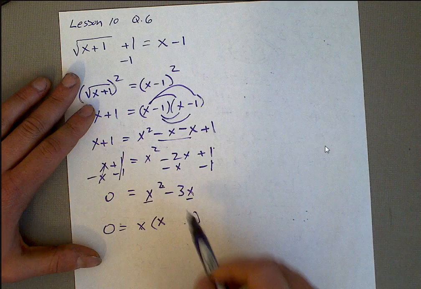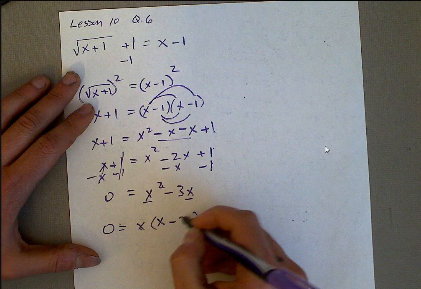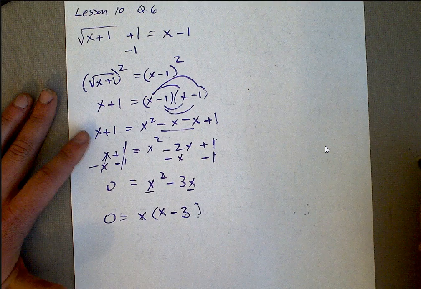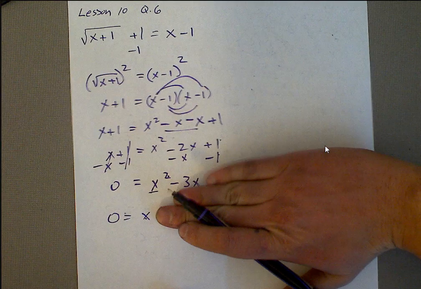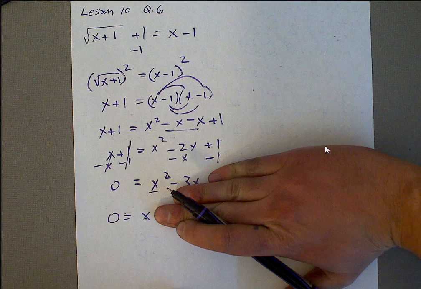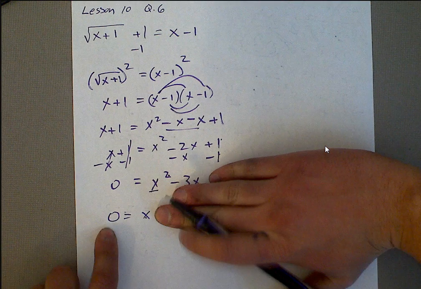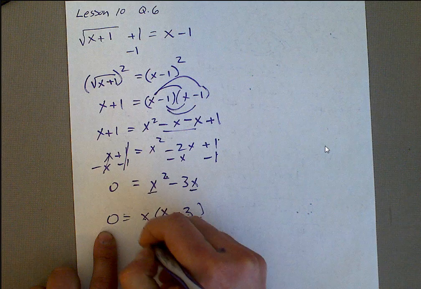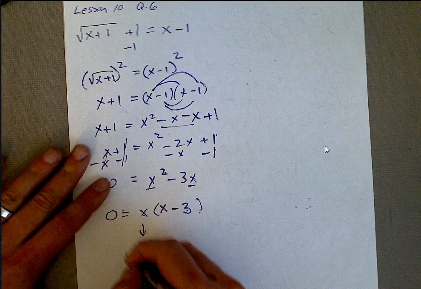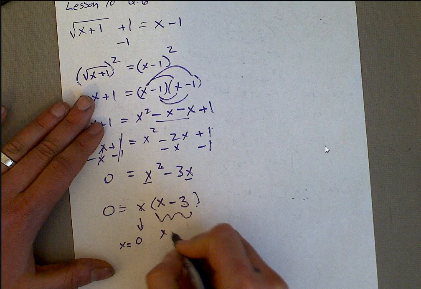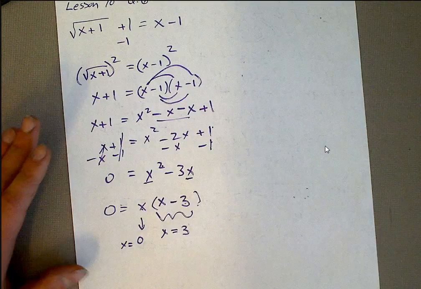And then if you factor out an x from the 3x, you have 3 left. So I have two solutions here. If I was to ignore the x minus 3, what would make this x 0? Well, it would be 0. So 0 is one of my possible solutions. And my other possible solution would be positive 3.